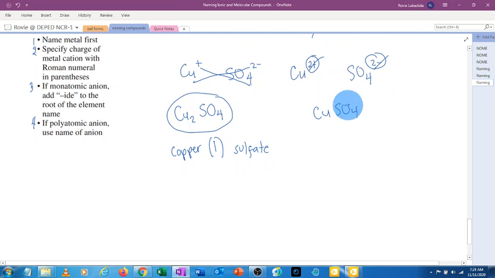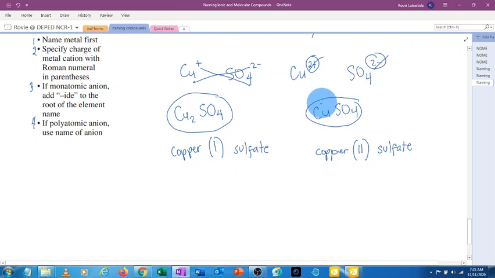Okay, how about this one? Let us name this. Name the metal first, which is copper. Then specify the charge. The charge that we used is 2 positive. So just the numerical value, so 2. And then name the polyatomic anion, sulfate.